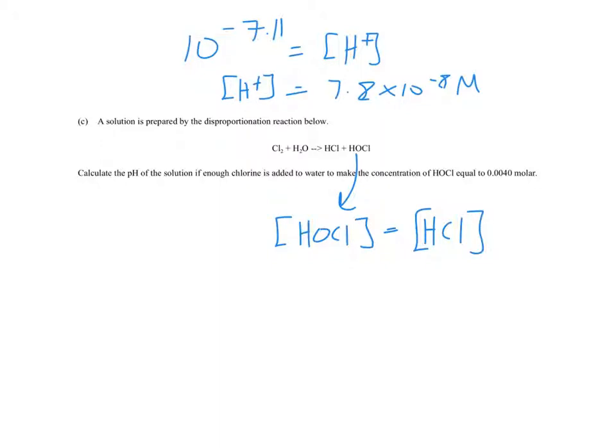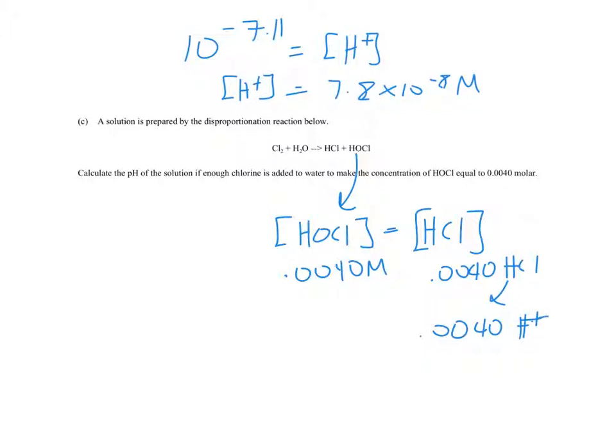And the HCl is a strong acid, which is 100% ionized. So if that's the case, the concentration of 0.0040 molar HOCl is equal to the concentration of 0.0040 molar HCl. And the HCl is strong, so what you have is 0.004 molar H plus ions as well.